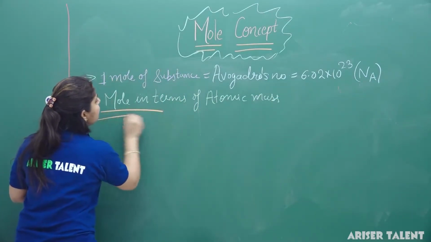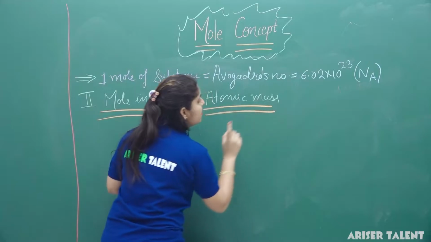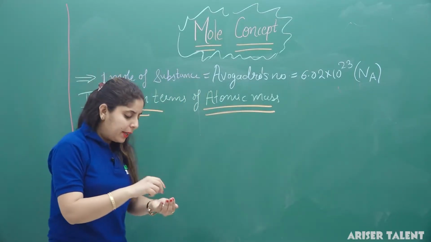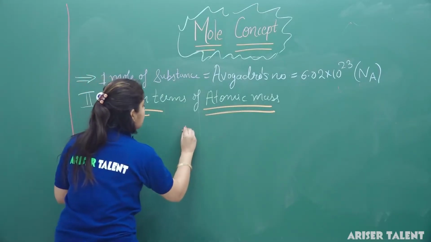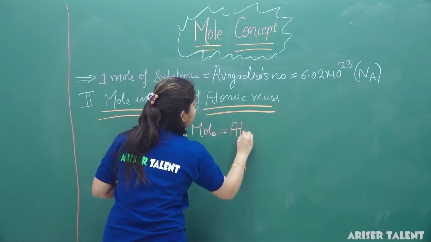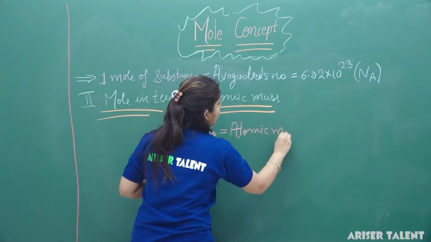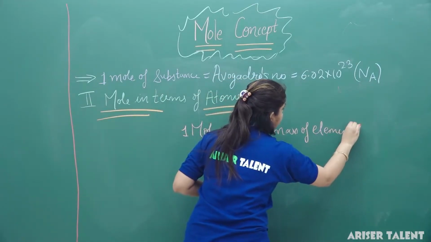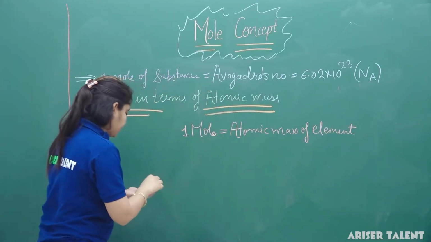Mole in terms of atomic mass means 1 mole of a substance will be equal to the atomic mass of that particular element. So 1 mole will be equal to the atomic mass of that element.